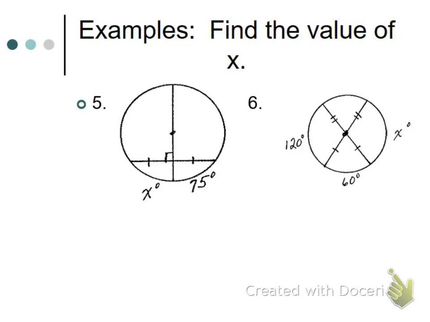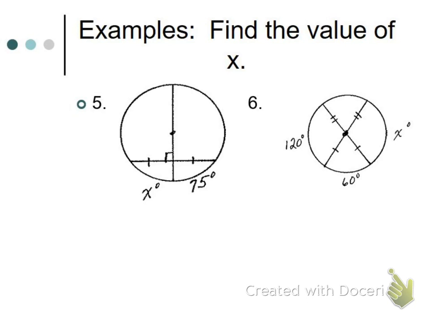X equals 75 degrees. I would agree with that. So, oops, sorry. Let me go back. Turn on the pen. X is equal to 75 degrees. That first theorem we talked about was that if a diameter is a perpendicular bisector of a chord, or is perpendicular to a chord, it bisects the chord and the arc.